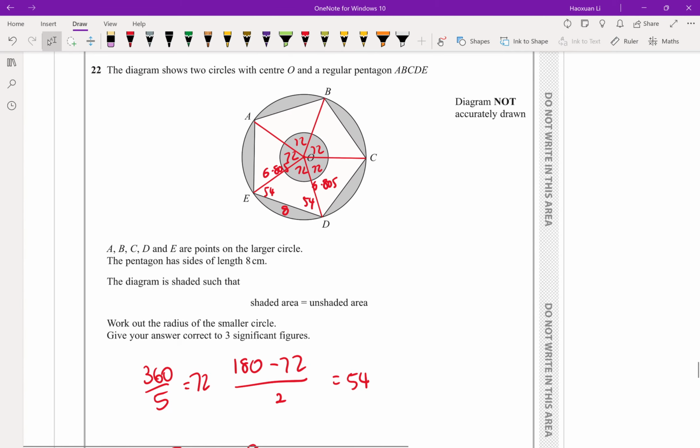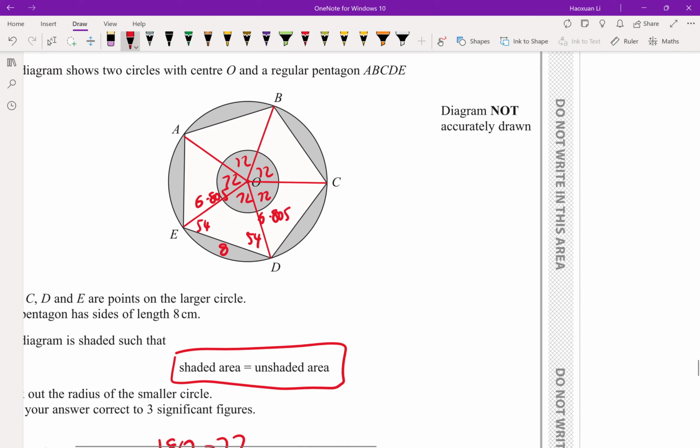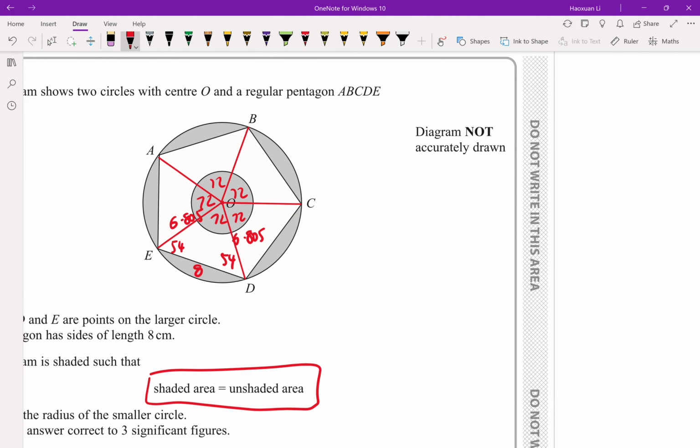Now you might think that this is a little hard to continue, right? I agree it is. But if you read this carefully, shaded area to unshaded area, you can now start to form equations. So here you define the radius of the smaller circle, so the smaller circle will be pi r squared.